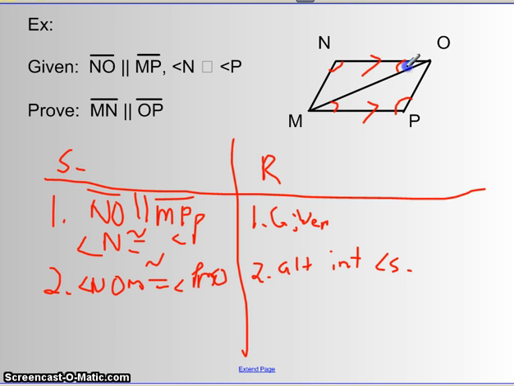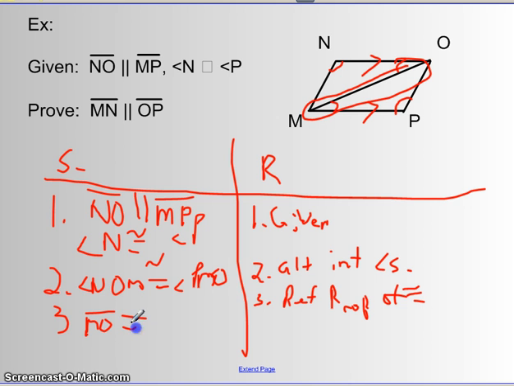Alright, now I see that they share a common side right here. So again, we're going to use the reflexive property. Seems like we've used it in every single proof so far of congruence. And we're going to state that segment MO is congruent to segment MO.